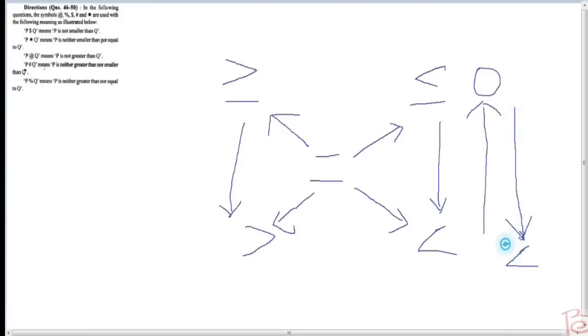So the resultant will be this symbol. Okay, it is very important to understand this, because if you don't understand this, you cannot understand the shortcut method which I'm going to teach you after this. So please be sure about the direction of the arrow marks.